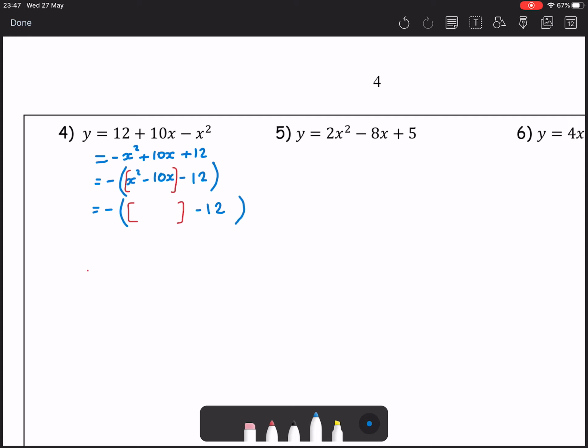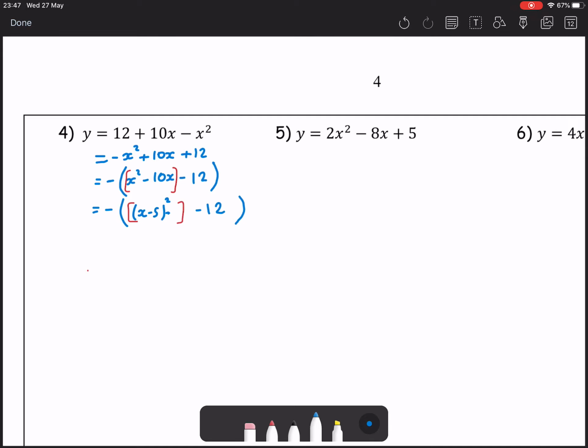Okay, so from there, my completed square form puts my x squared and x term within this squared bracket. As previously explained, we take the minus 10 and we half it, and we take away that value squared.